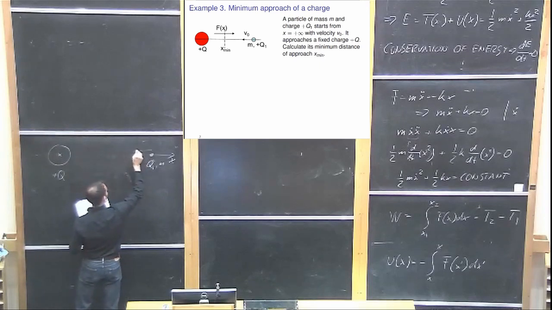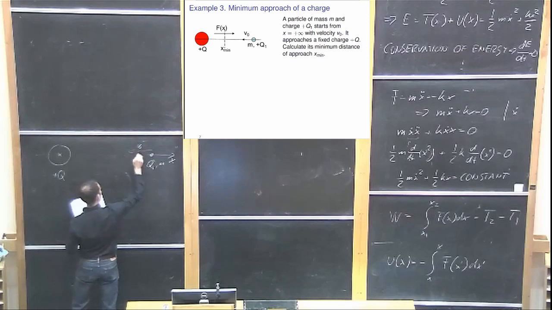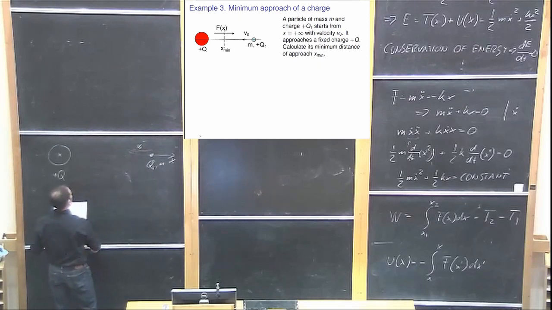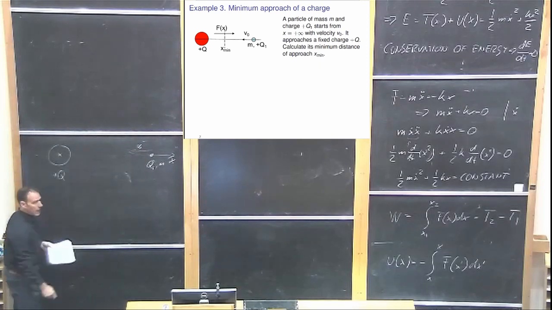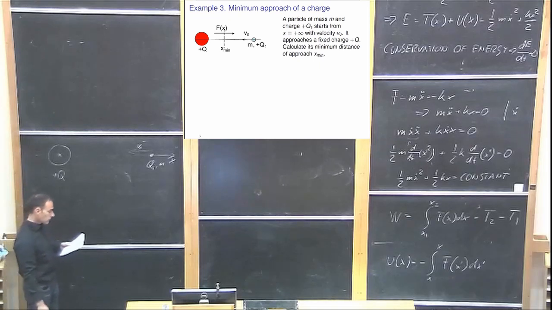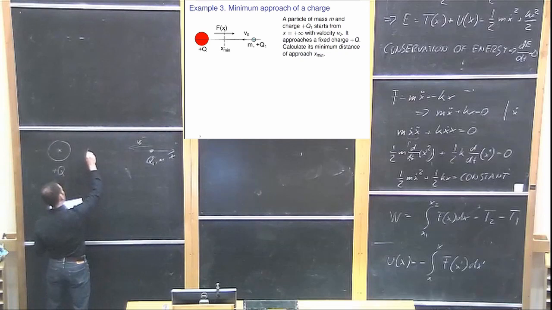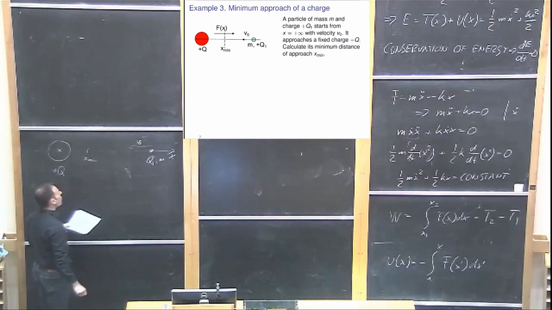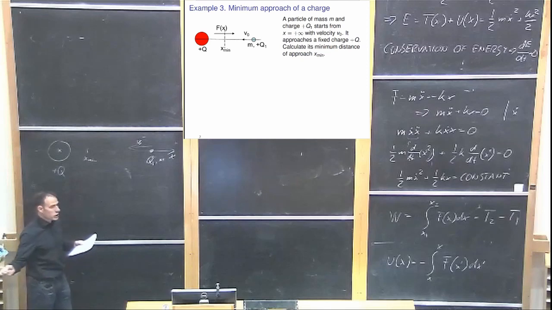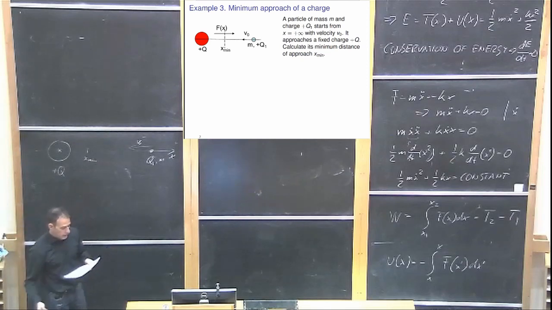That's approaching with a velocity v0 in the x direction on axis, so it's really a head-on collision. And we are asked to find out what is x minimum, how close the charge can get.